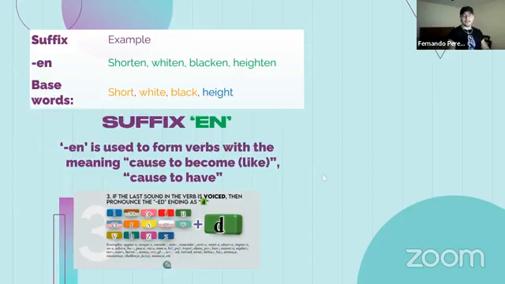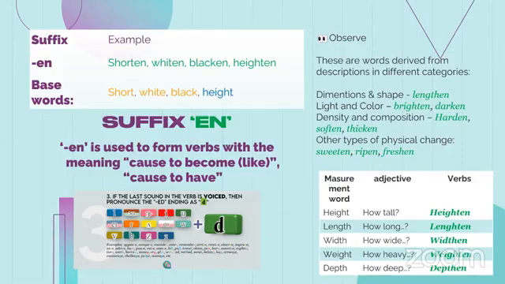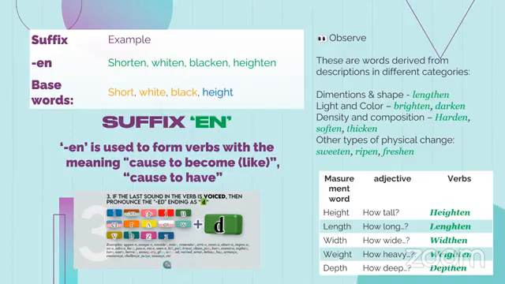So, read the next section. Observations. Help me, Perla. Observe. These are words derived from description in different categories: dimension and shape.